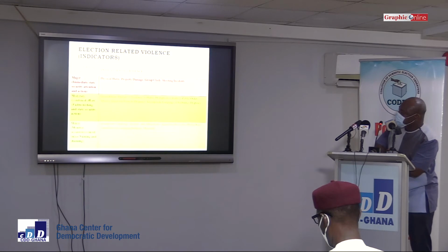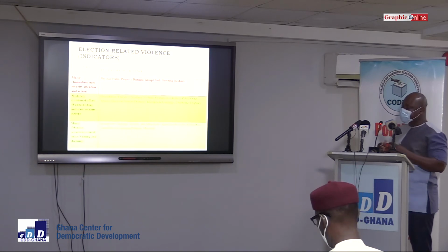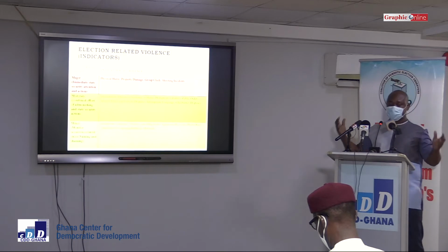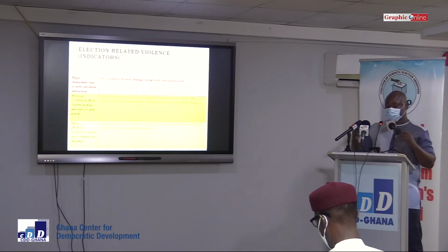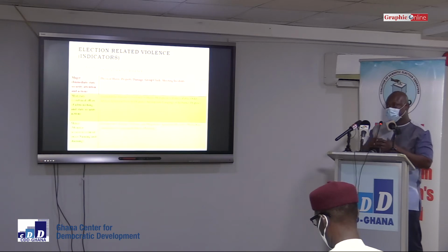Now, the indicators we use in analyzing the incidents, we also categorize them into three: the minor incidents, the moderate incidents, and then the major incidents. For the minor incidents, we have the use of intemperate language, rumors and allegations. There are a lot of them. We have media bias, and we know over the period, the Media Foundation for West Africa has been doing a lot of work trying to track conversations in the media.